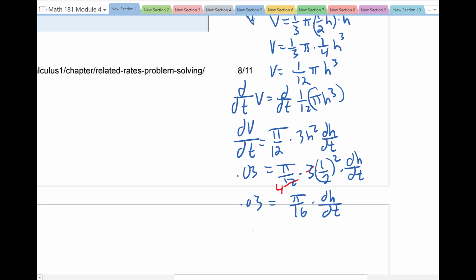So my 0.03 times 16 over pi is equal to dh/dt, which is approximately, I should, by the way, say it's a negative 0.03 because it's draining. So it's negative 0.153 feet per second.